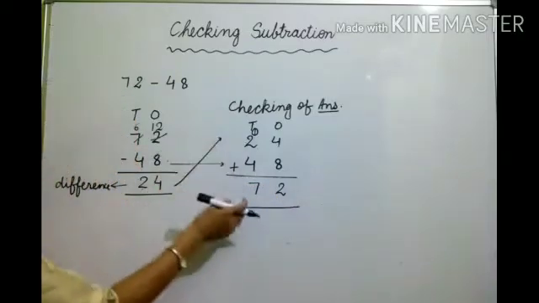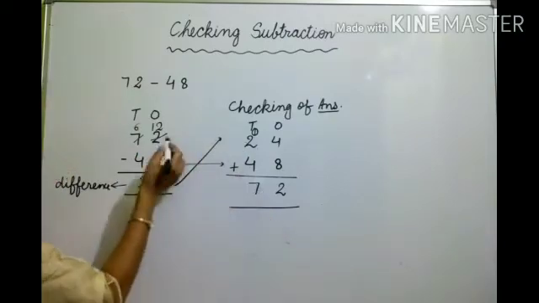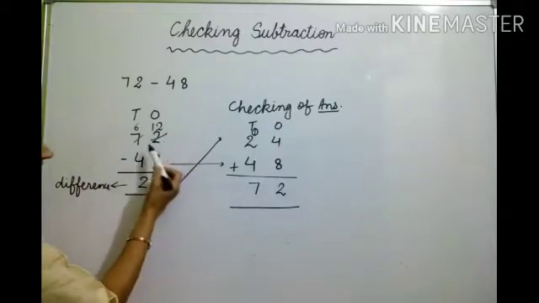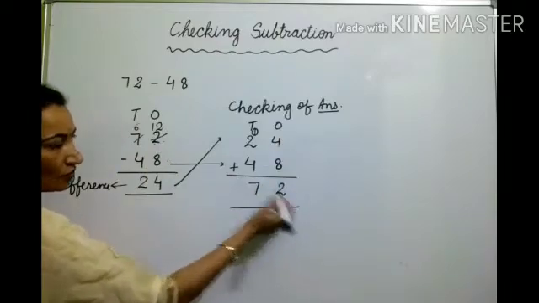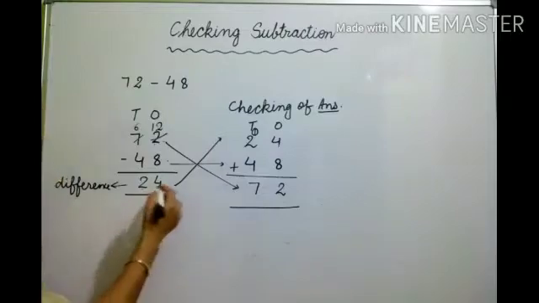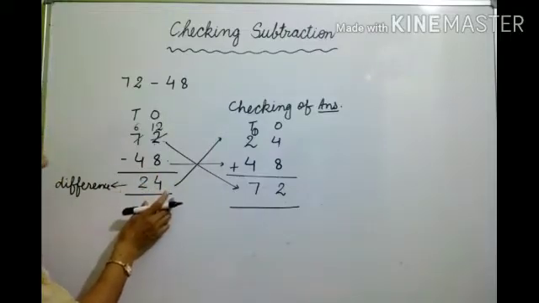Now after addition, if we get the same number from which we subtract, here see 72, after addition we get 72, both are same. It means our answer 24 is right.